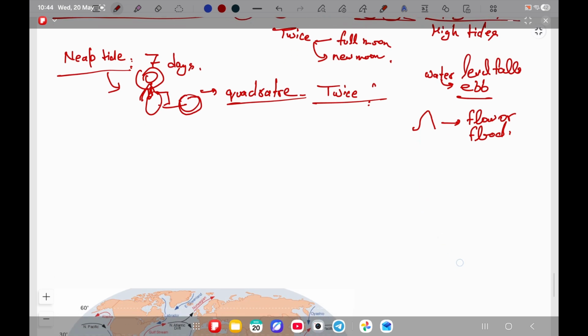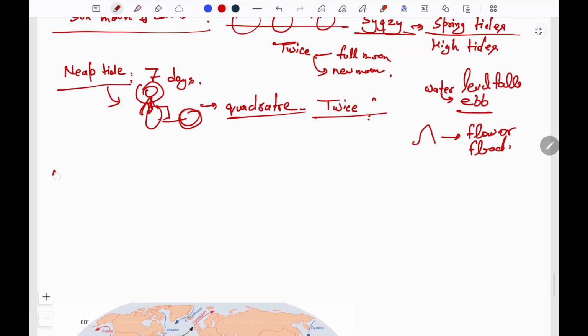Now moving on to the ocean currents. They can be understood as rivers flowing on the ocean surface.